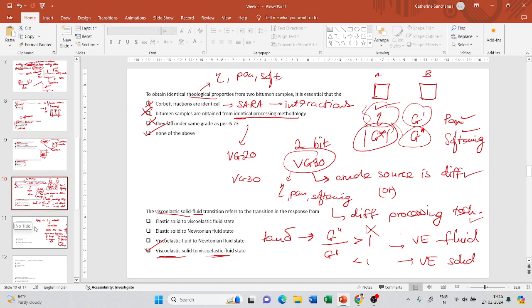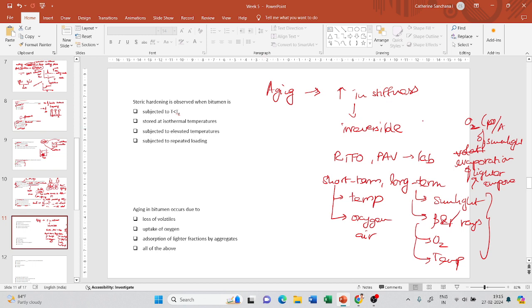So there are many factors, and there are many phenomena which happen as a result of these factors. These phenomena are irreversible phenomena. All this short term aging and long term aging are referred to as chemical aging, and they are irreversible phenomena.